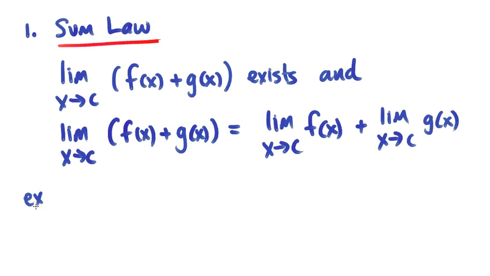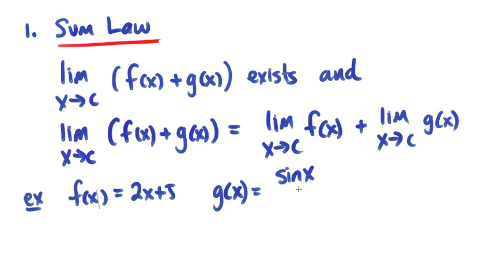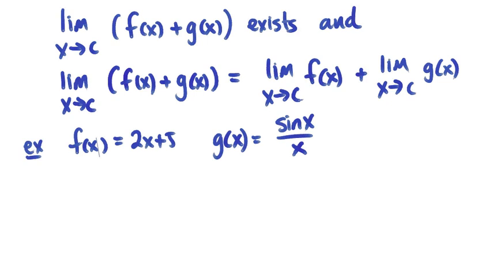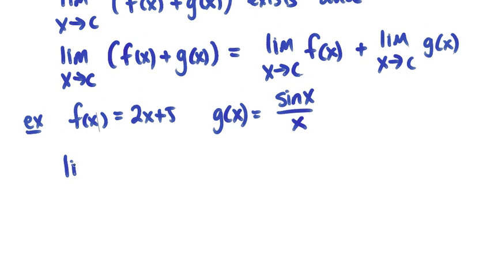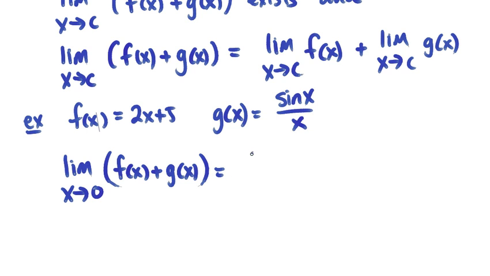Here's an example of the sum law in action. If you have your two functions, f of x is equal to 2x plus 5, and g of x is equal to sine x over x, and you try to find the limit as x approaches 0 of f of x plus g of x, you can take this apart.